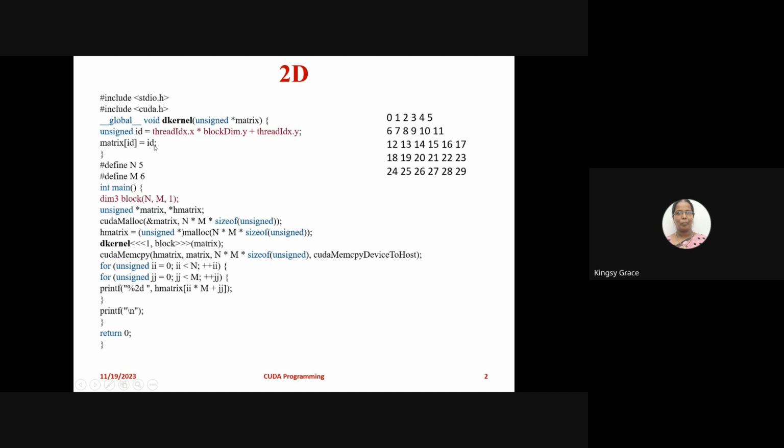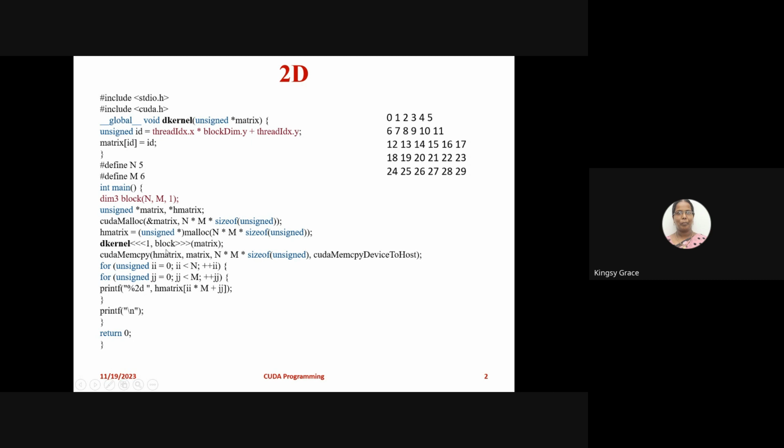Because we are assigning the id of each thread to some matrix, we need dynamically allocated memory locations for storing the ids in the GPU. That is allocated here. For the H matrix, which is there in the CPU, we are also allocating memory.